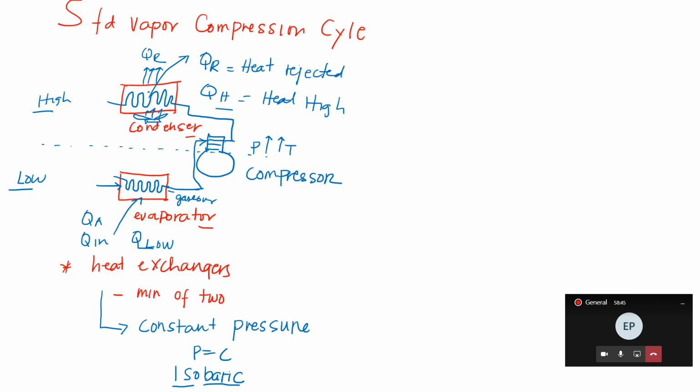Or if you stand near the back of your split type or box type air conditioning, the basic type, window type is another name. What would you feel? You will feel hot air because that is the heat being taken away from the refrigerant.